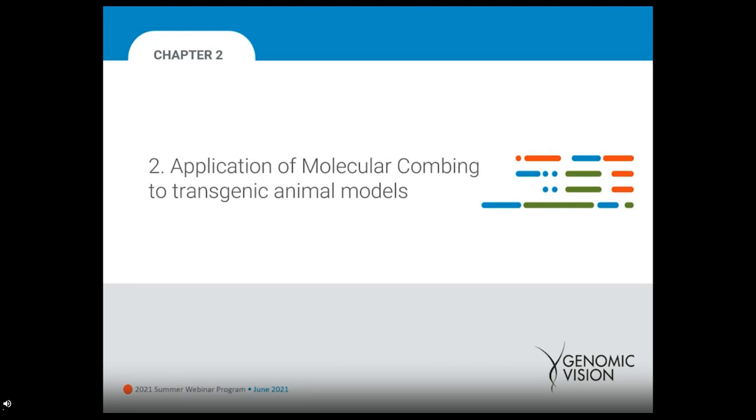So transgenic animal models are very important for basic research and also for preclinical studies. And it's really key to accurately validate the engineered animals. And why?